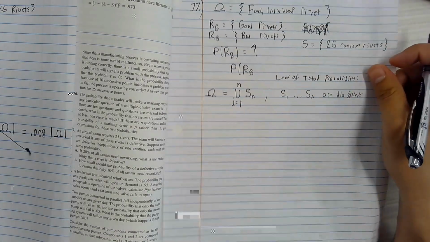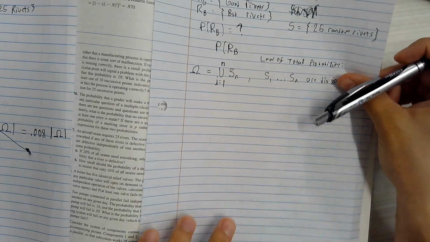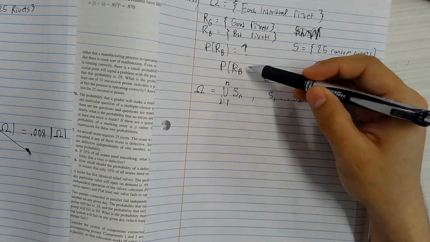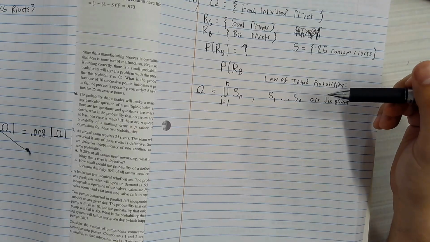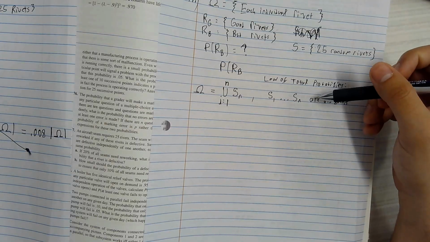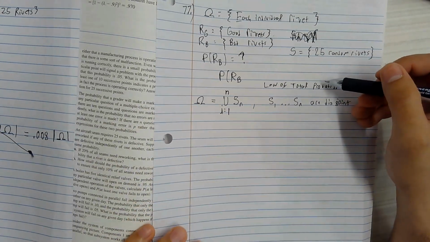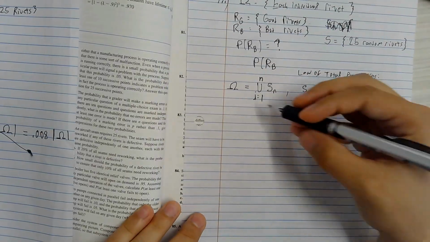I don't know if the law of total probability was in the chapter or not. I didn't check. Probably should have. But okay, so they're disjoint.